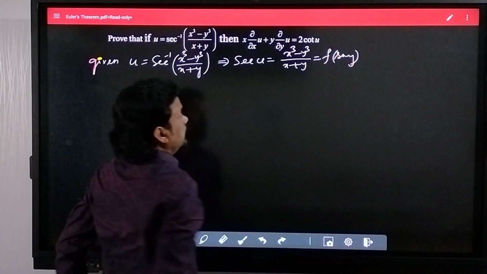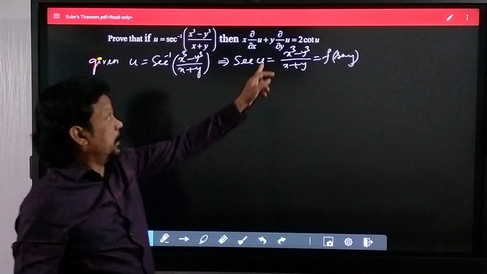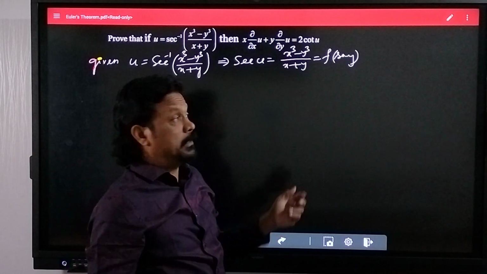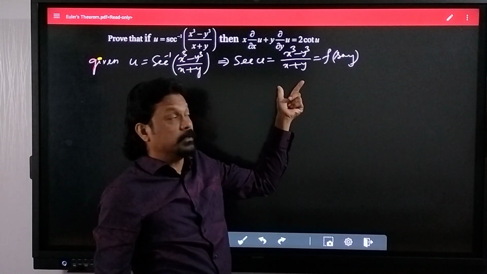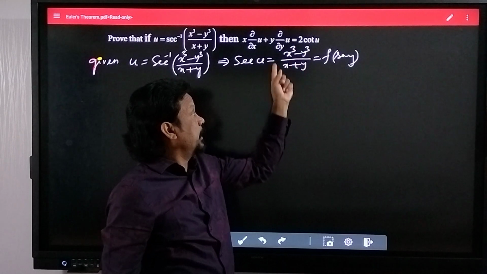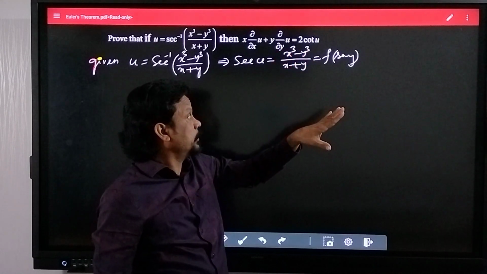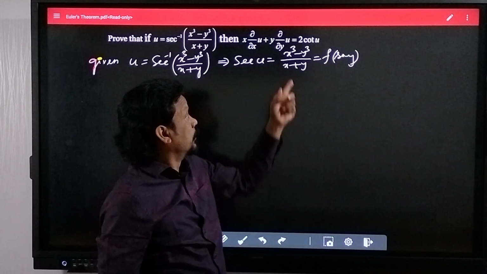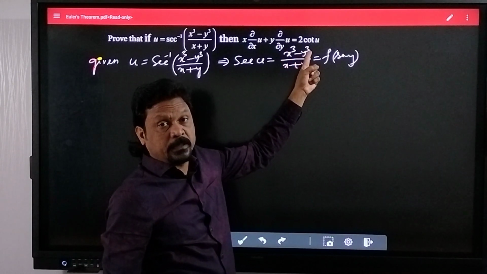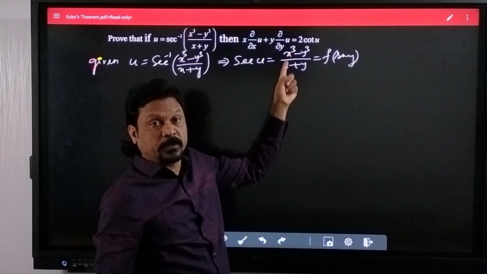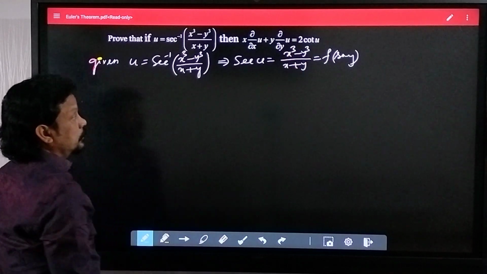Now here f is in the form of p by q, and p is of degree 3 and q is a homogeneous function of degree 1. So that means p by q is a homogeneous function, that means f is a homogeneous function. And if it is homogeneous, then what is the degree? The degree of numerator is 3 and the degree of denominator is 1. So 3 minus 1 is equal to 2.